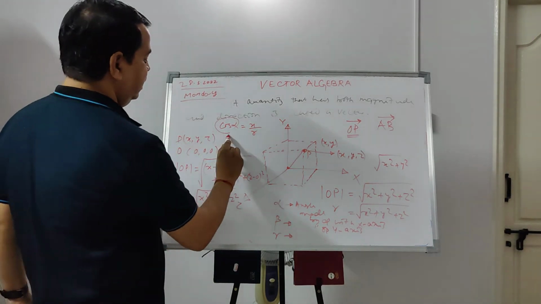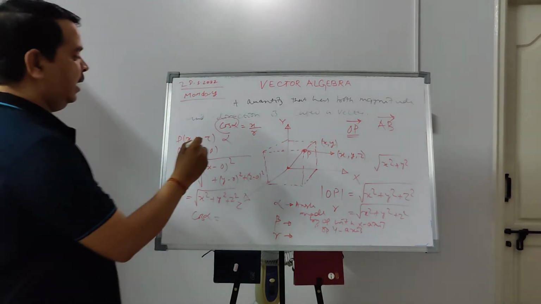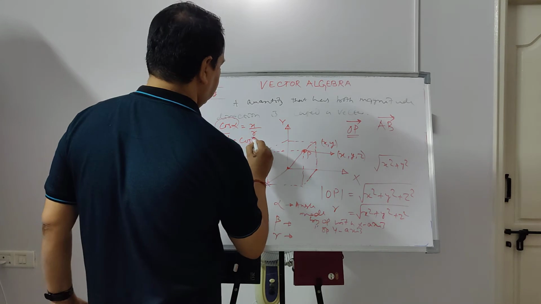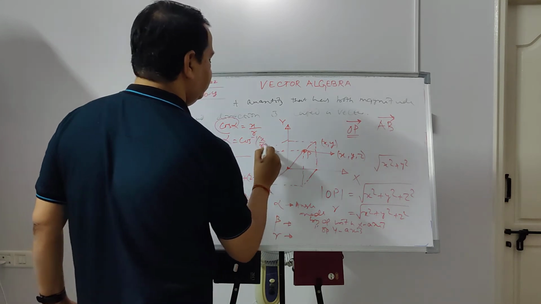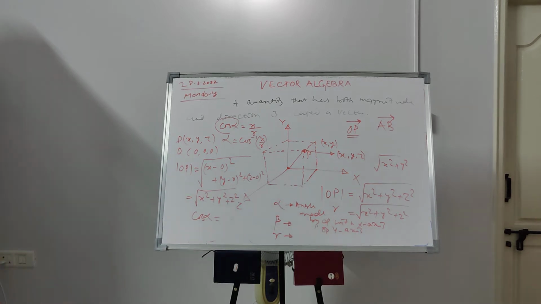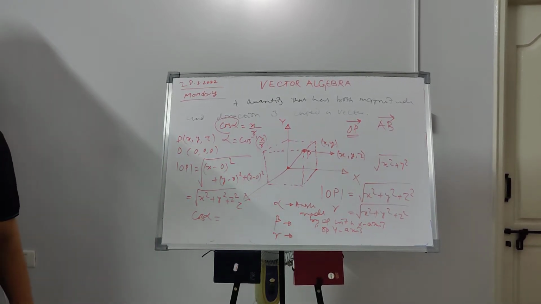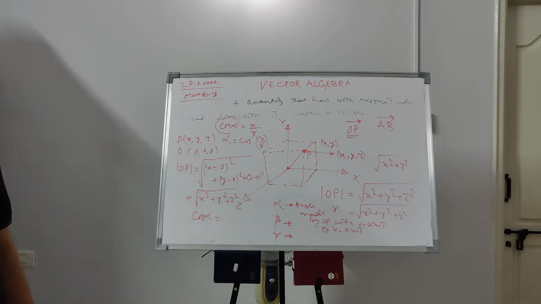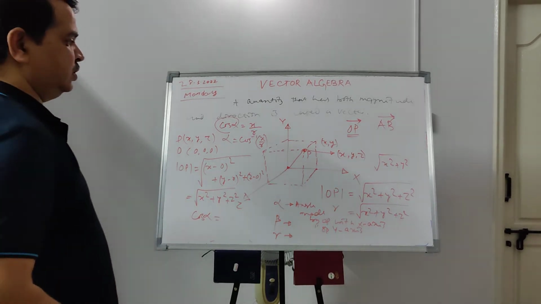So you can find the angle: alpha is equal to cos inverse of x by r. That's how you get the angle.